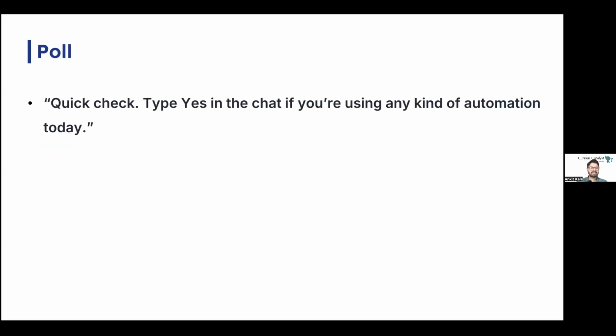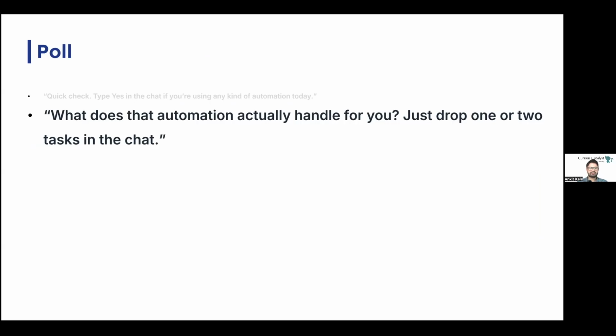Now, I want to quickly check, if in the chat box you can type yes if you are using any kind of automation today. Now, it will be really great if you can elaborate a bit on what that automation actually handles for you.